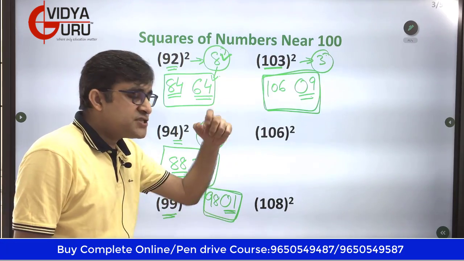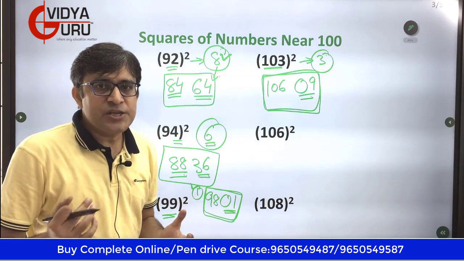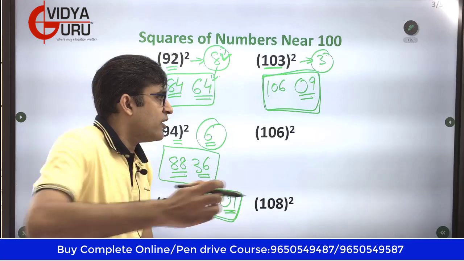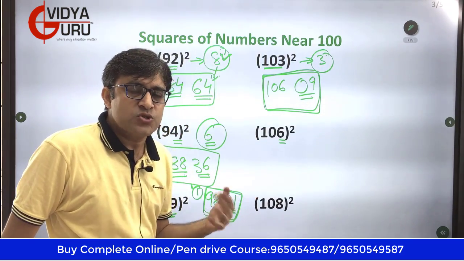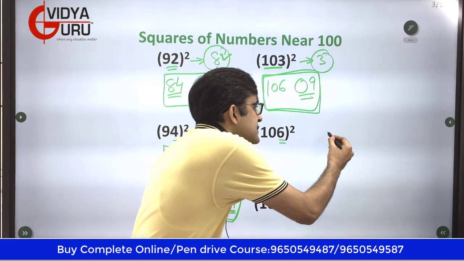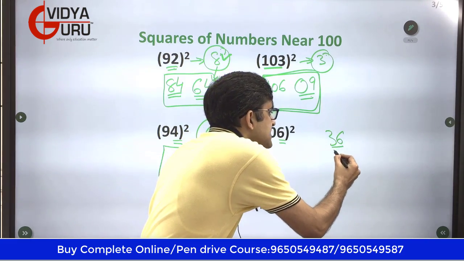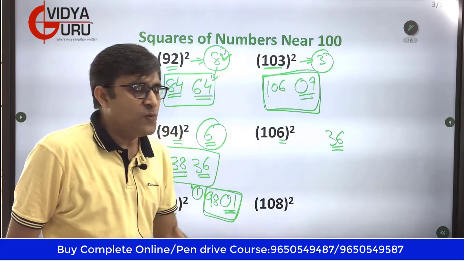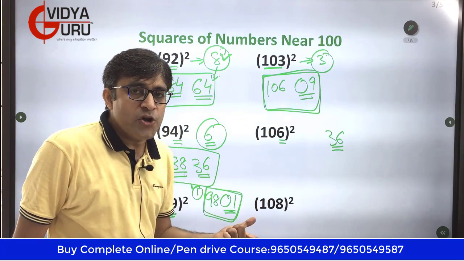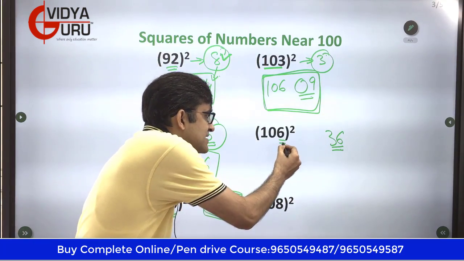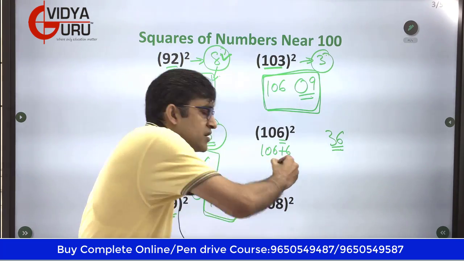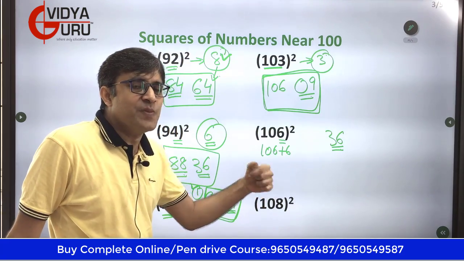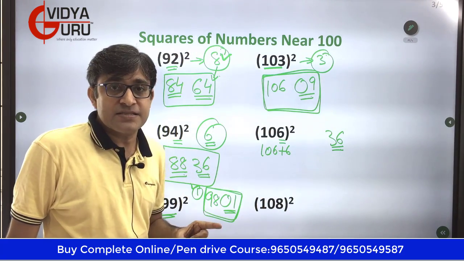Let's try the square of 106. Now we know it is 6 greater than 100. So the square of 6 is 36. So 36, the last two digits. Now what I'm going to do is add this 6 with 106, because this 6 has to be added to the number itself.